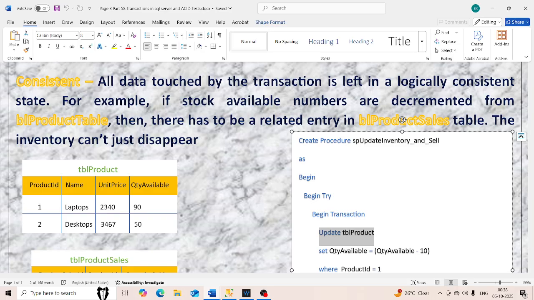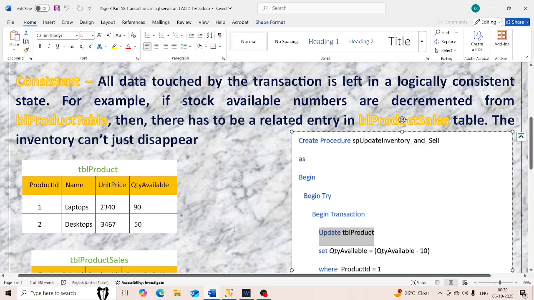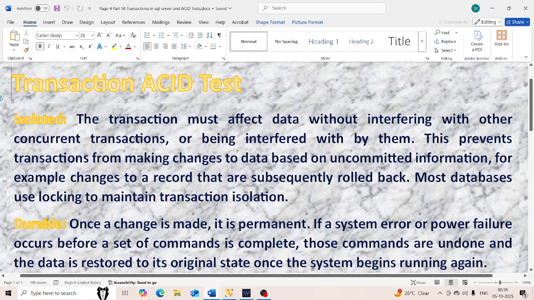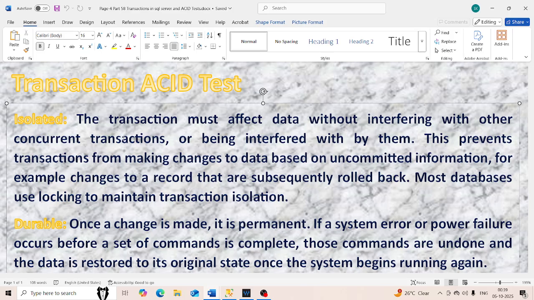The transaction should also be isolated. What do we mean by this? The transaction must affect data without interfering with other concurrent transactions or being interfered with by them.